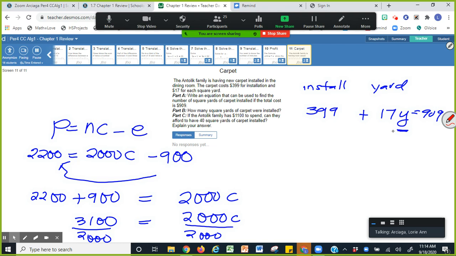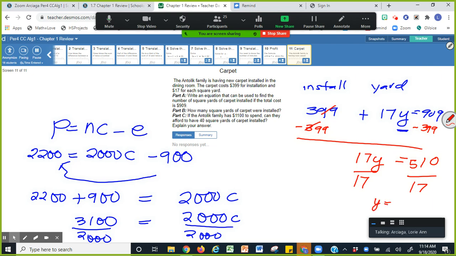Well, we subtract $399 here minus $399 right there. Okay. Then take that away. You'll end up with 17y here is equal to, that's going to be 0, 5. Okay. Correct me if I'm wrong. 9 minus 9 is 0. 10 minus 9 is 1. 8 minus 3 is 5. Okay. And then you're going to divide that by 17.